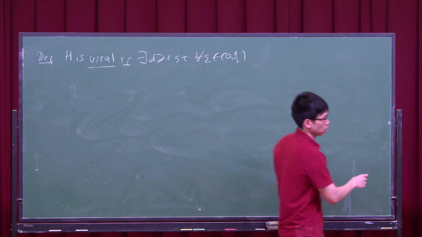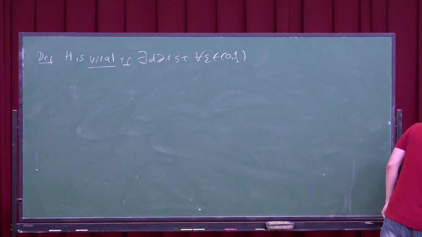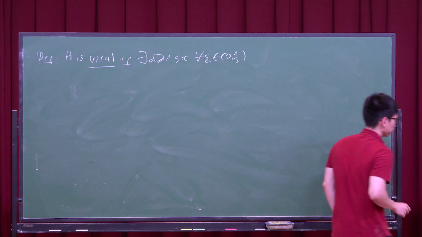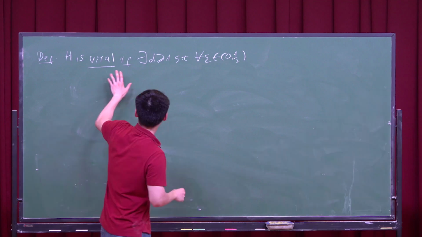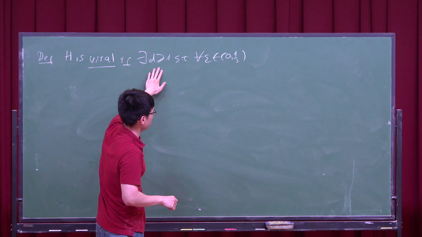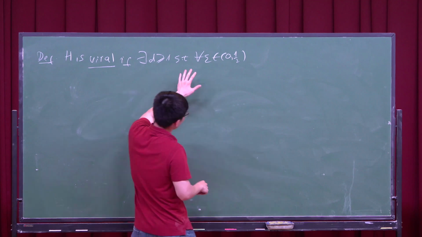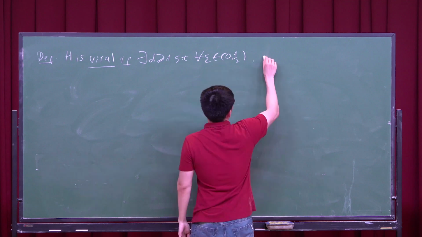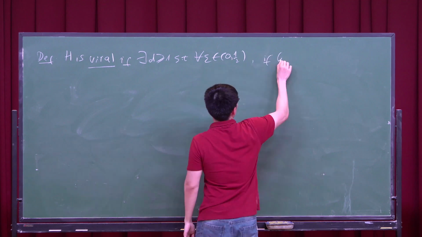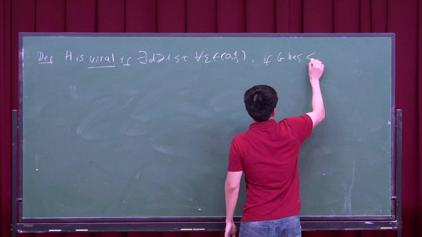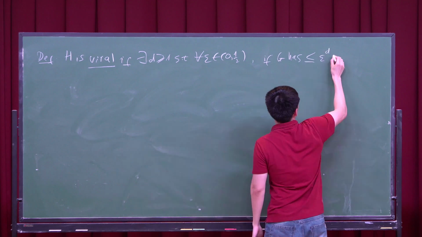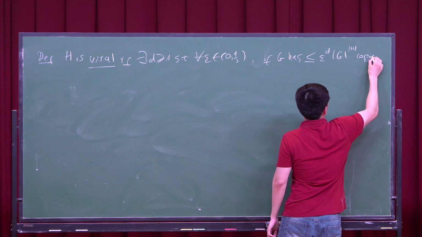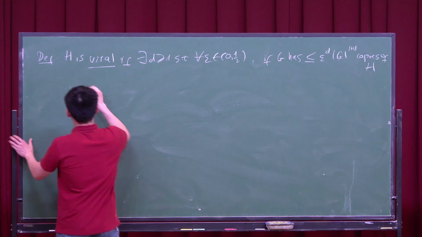Again, there is some constant D, supposed to be large, depending on H, such that for every epsilon from 0 to 1/2, if G has at most epsilon to the D times |G| raised to the power of |H| copies of H, then we have the same conclusion.